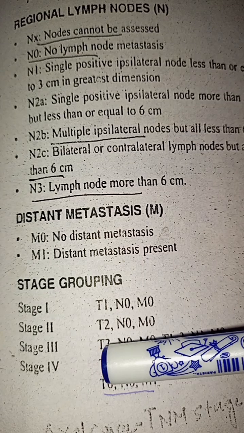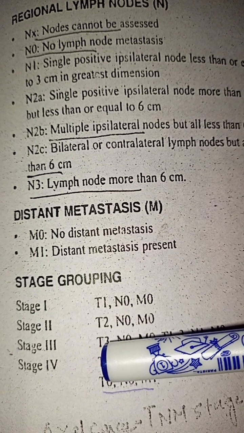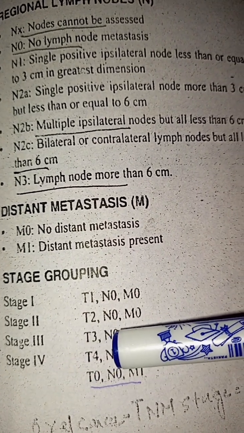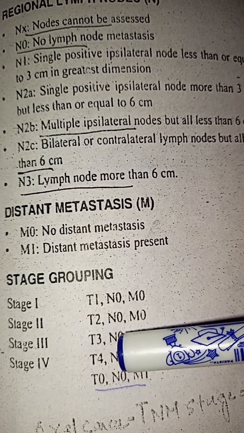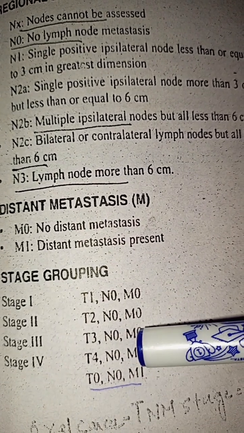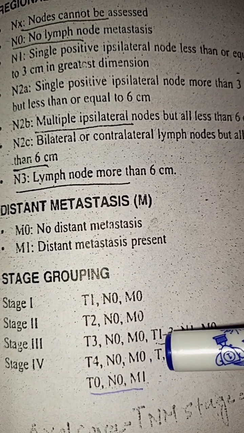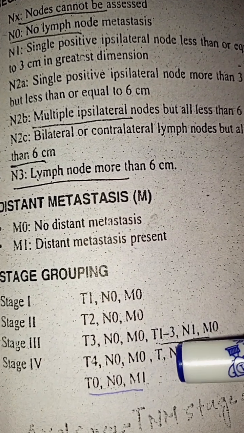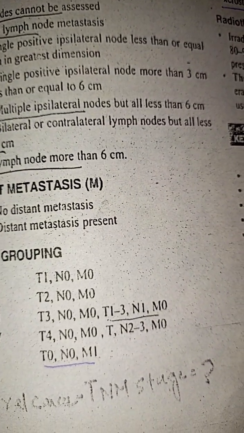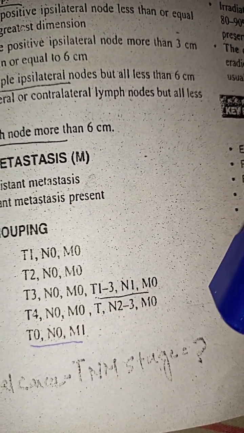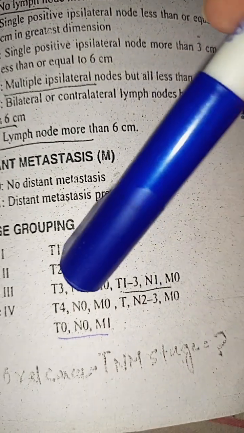T3 means that you have more than 4 centimeter, and again lymph nodes are not metastasized, no distant metastasis. And T1 to T3 can also come with N1, which means your lymph nodes are now involved: single positive ipsilateral lymph nodes, equal to or less than 3 centimeter, and no distant metastasis.